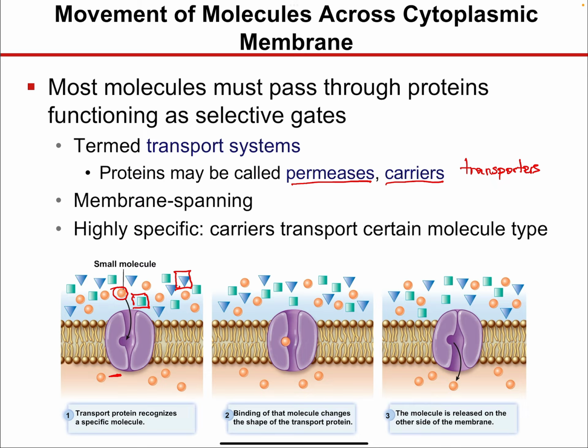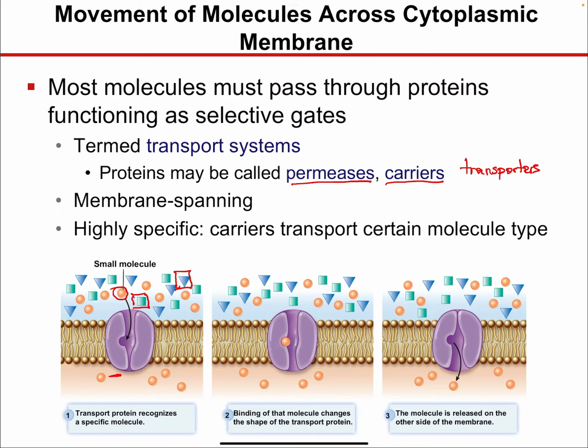So these molecules, the proteins, are going to be selective as to what they are bringing in and what they are bringing out. Now, in that transport, some chemicals are transported in what we call facilitated diffusion.